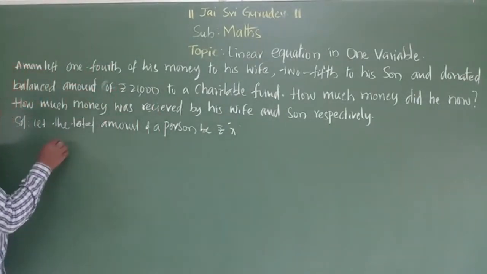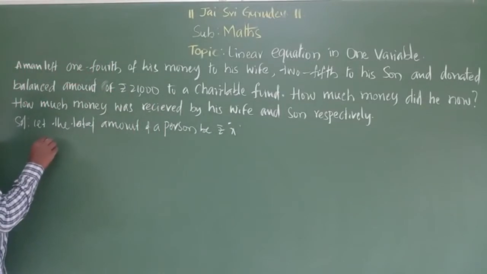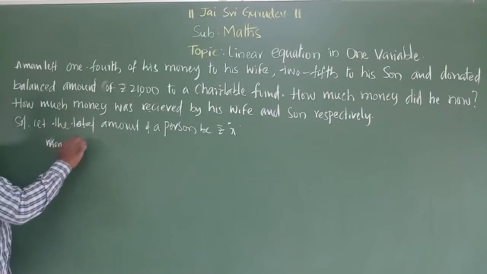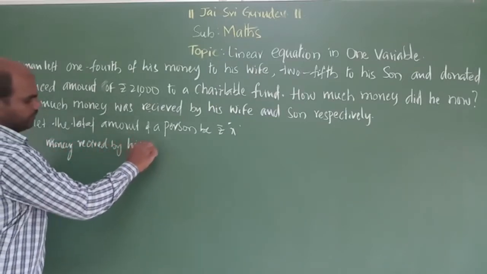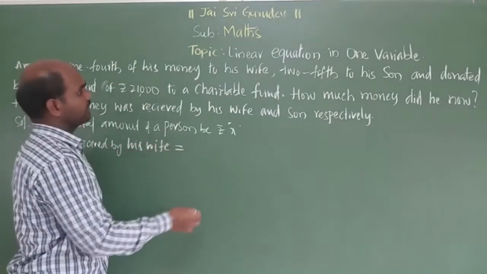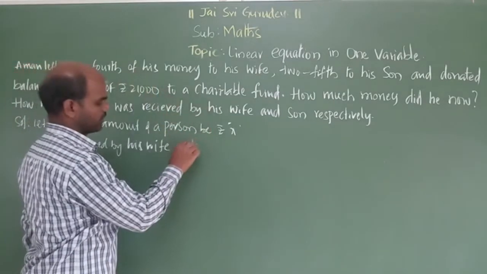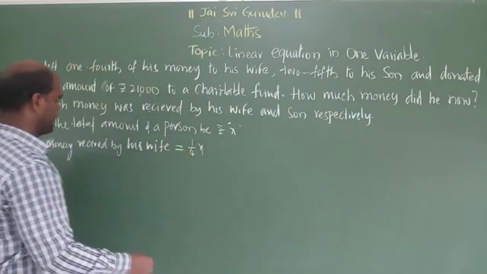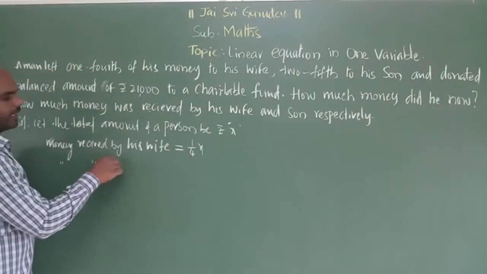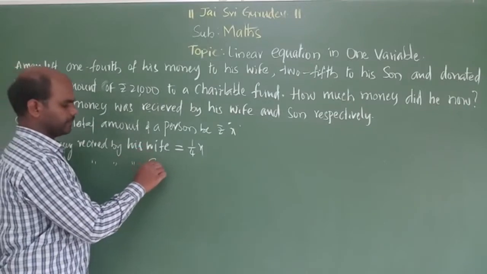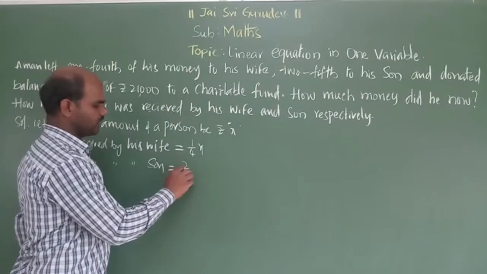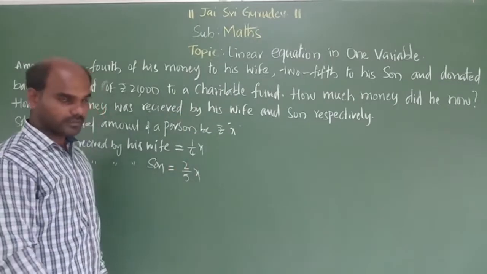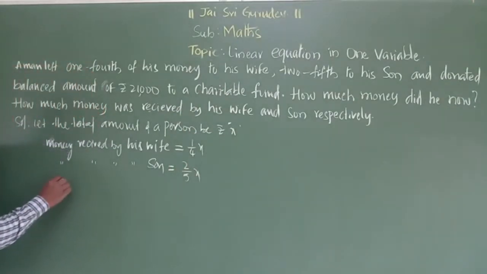The money received by his wife is 1/5. Next, the money received by his son is 2/5. Then the remaining amount.